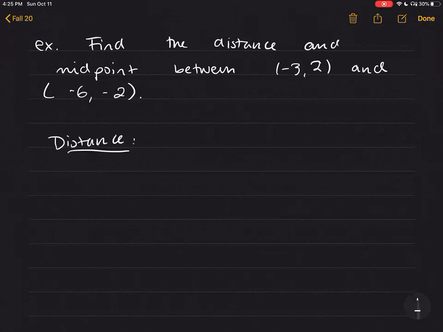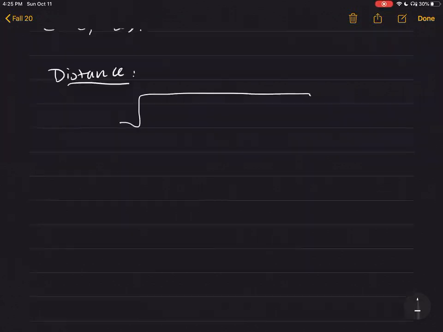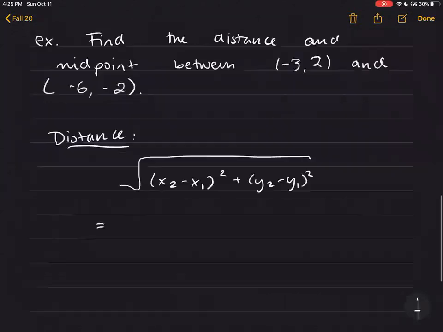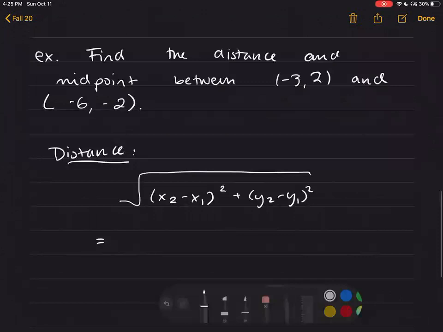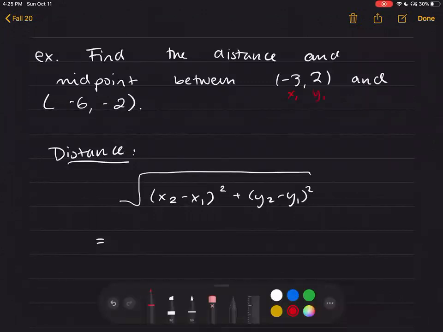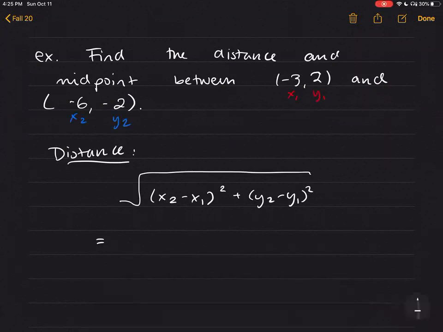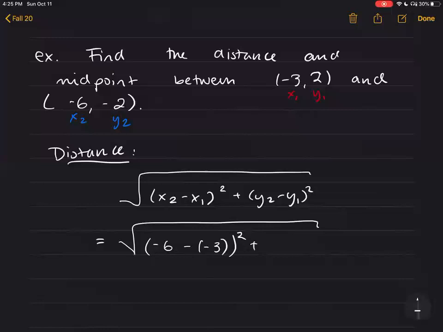We know from above that our equation is going to be square root of x2 minus x1 squared plus y2 minus y1 squared. And if we plug in, so this is our x1, y1, and this is our x2 and our y2 here. So if we plug these in, we have x2 is -6 minus, and then x1 is -3. So this is -3 squared plus, and then y2 is -2 minus y1 is 2 squared.